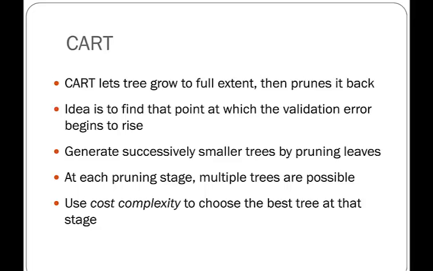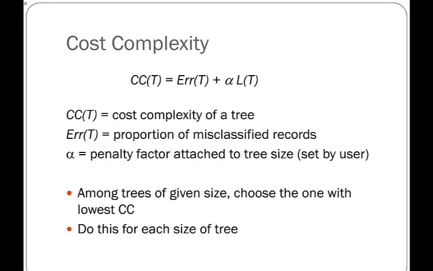So one way to formally address that is to use the cost of complexity, and the cost of complexity is this formula here, where we say CC of T, so T represents the tree we're interested in. The cost of complexity is the proportion of the misclassified records in that tree plus a penalty for the size of the tree.